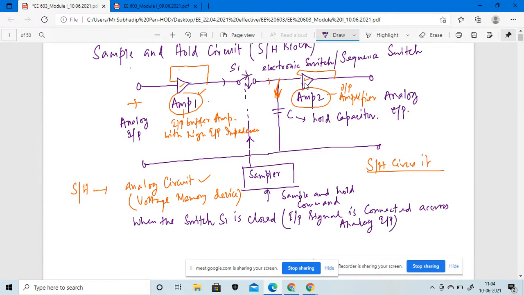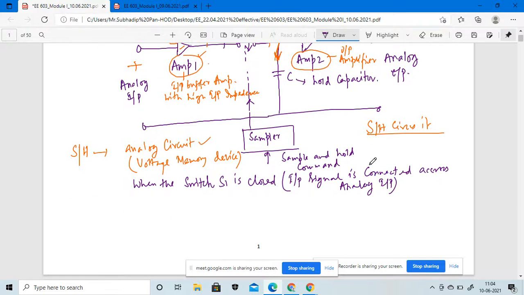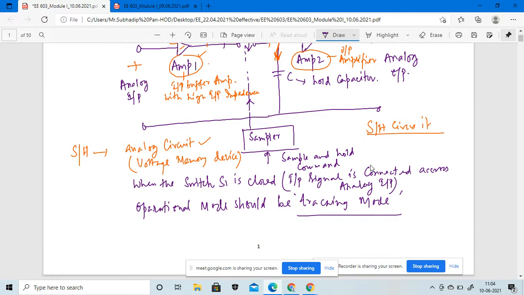So when the switch S1 is closed, the operational mode is the tracking mode. Keep remembering this.